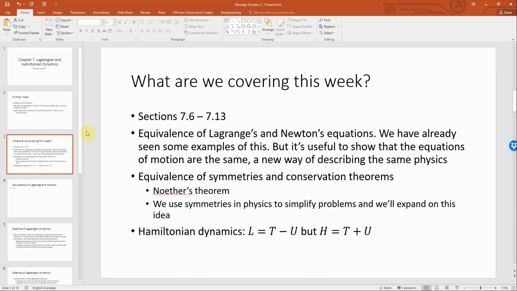We'll also be covering Hamiltonian dynamics. So far we've only been using Lagrangian dynamics with Hamilton's principle. Now we'll be actually seeing what Hamiltonian dynamics mean. So the Lagrangian is T minus U, the difference of the kinetic energy and the potential energy, but the Hamiltonian is the sum of the kinetic energy and the potential energy.